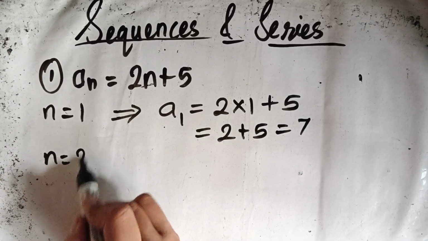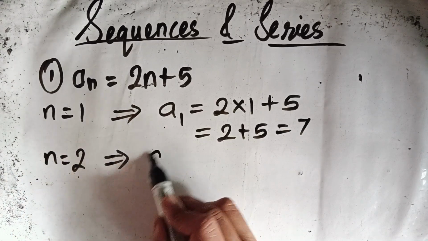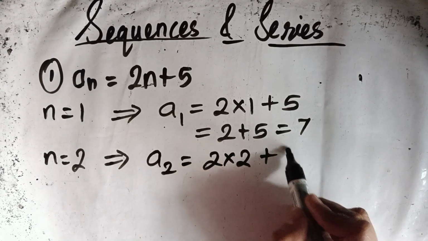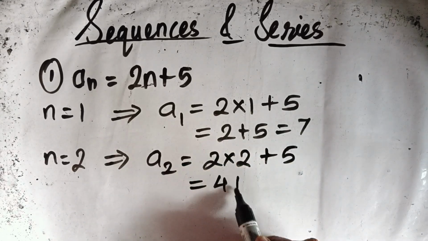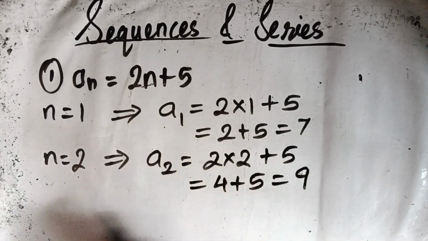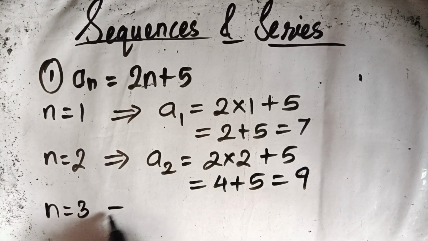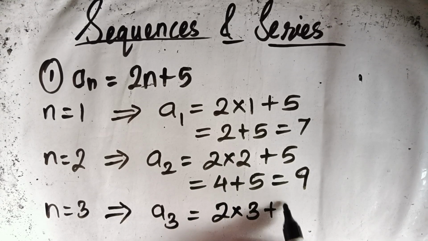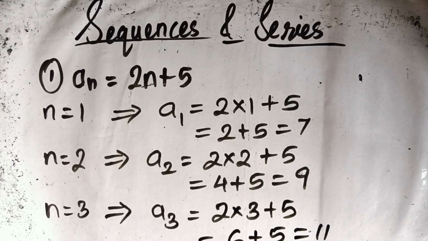Okay, for n equal to 2, a2, 4 plus 5, 9. Then n equal to 3, a3, 2 into 3 plus 5. So 6 plus 5, 11.